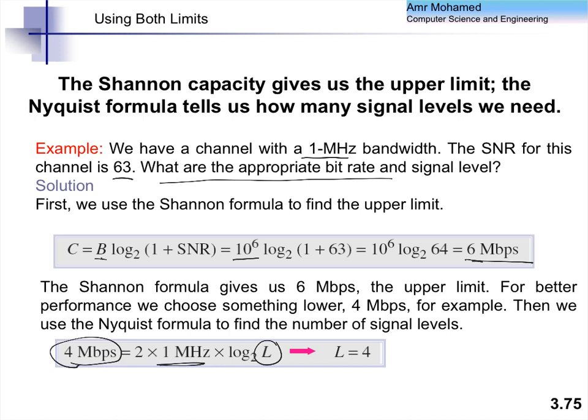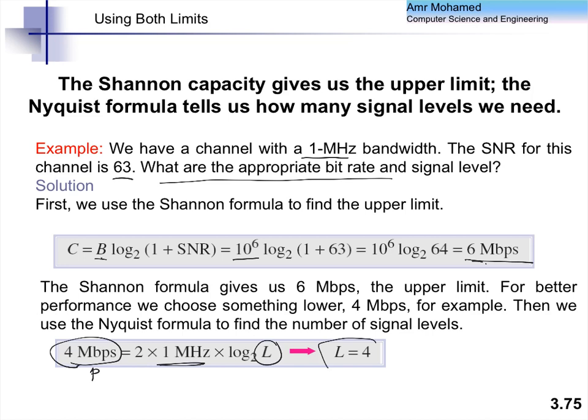In other words, it gives you an indication about the technology that you need to use in terms of the number of voltage levels in order to achieve, on the average, 4 megabits per second on a channel that's 6 megabits per second as a theoretical limit.